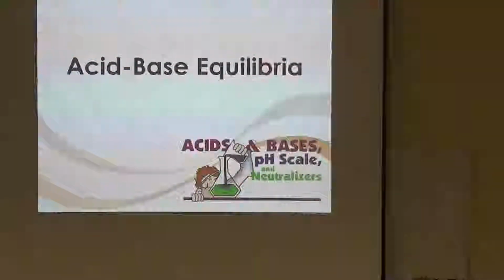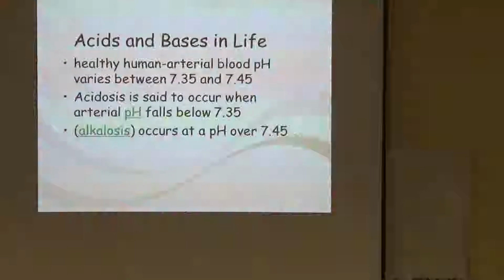Now, let's talk about some real life things about how acids and bases can affect you. Basically, if you are a healthy human, I'm sure you know what arterial blood is. It's blood that is pumped out from the heart.